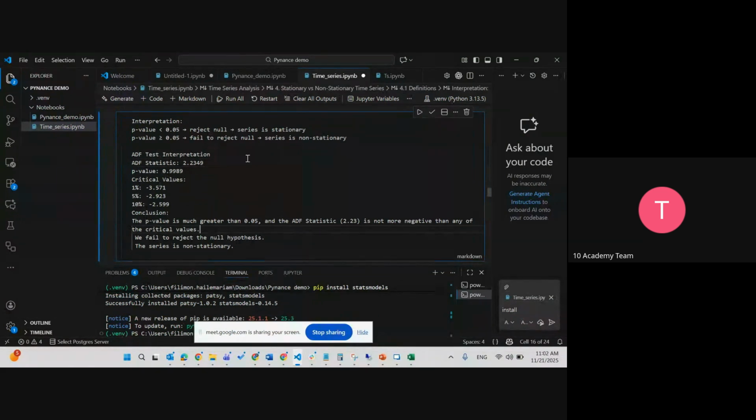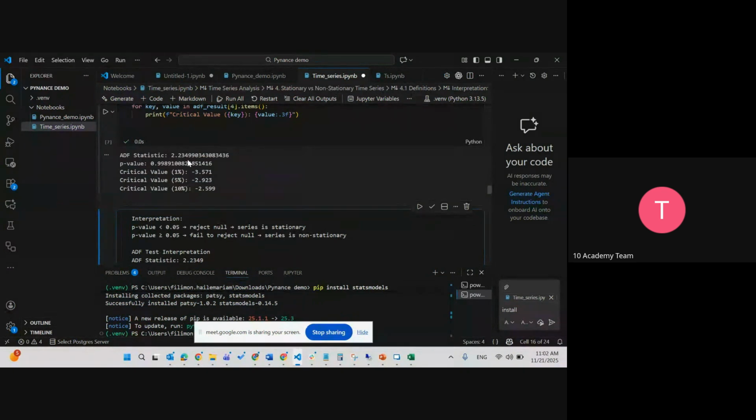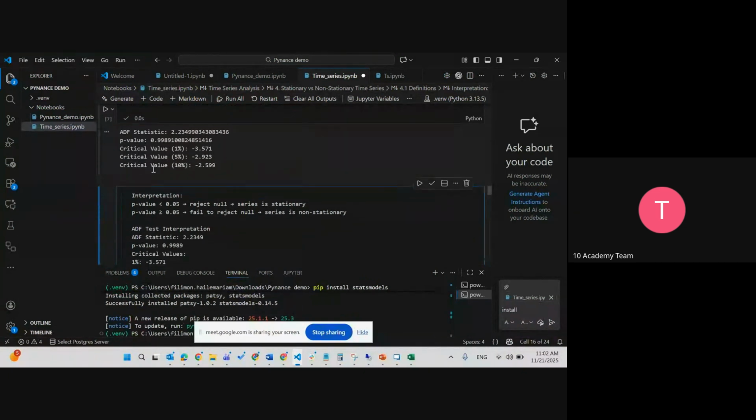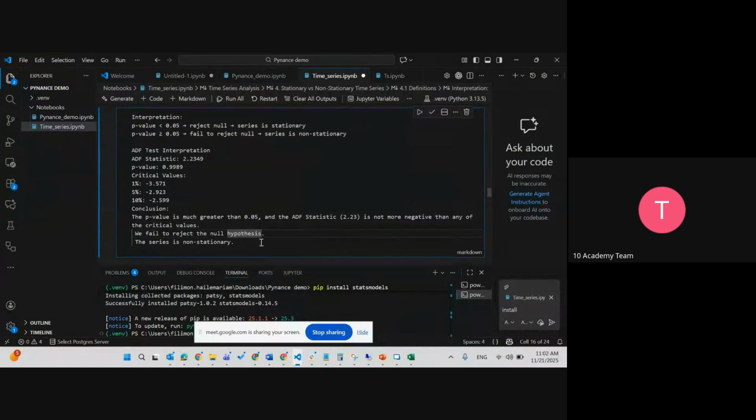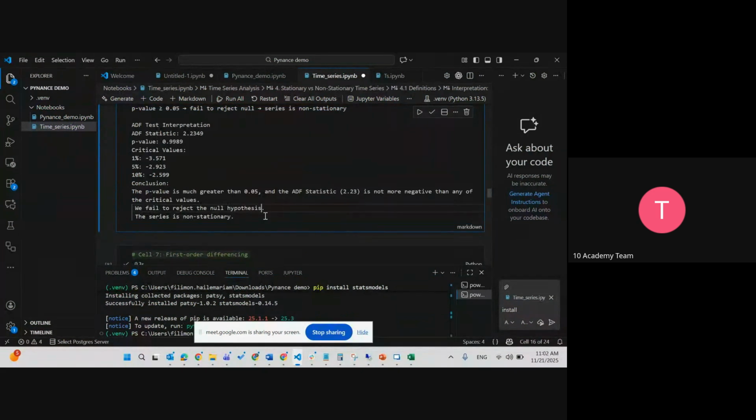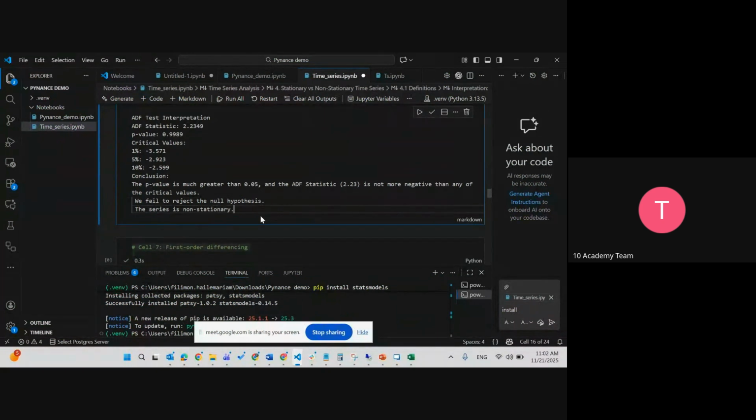There is also another way of testing: if the ADF statistic is more negative than these critical values, it's stationary; otherwise it's non-stationary, as you can see here, guys. So you can see the data and understand why the data is non-stationary.